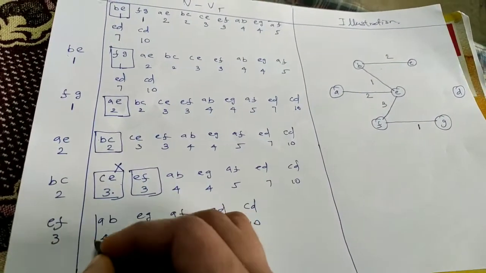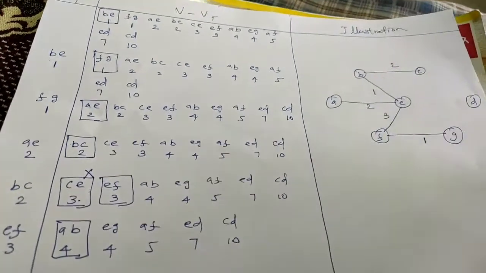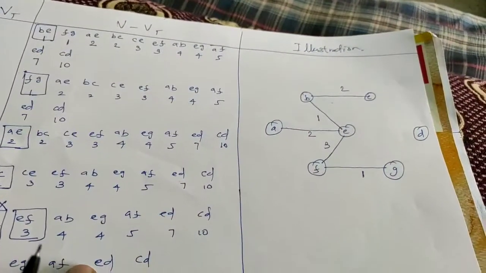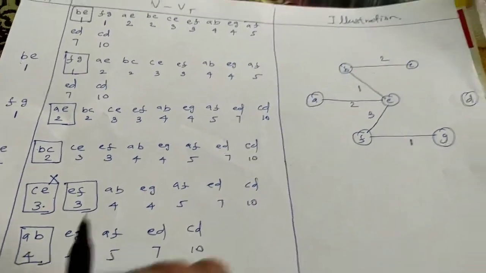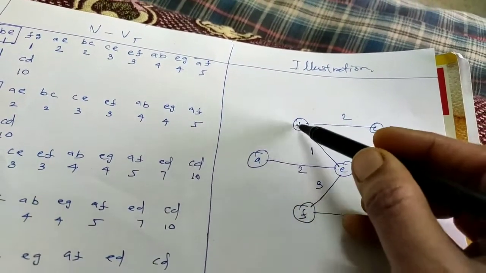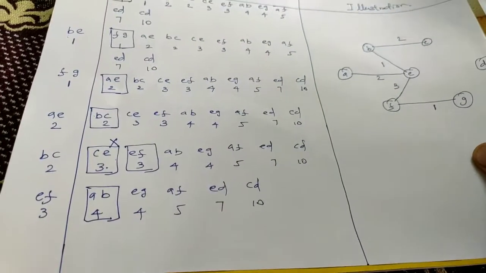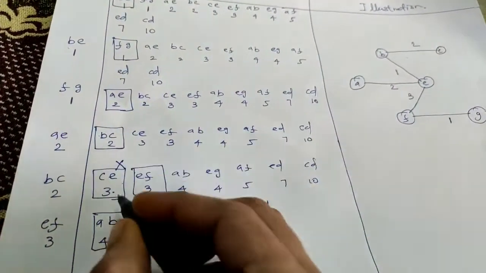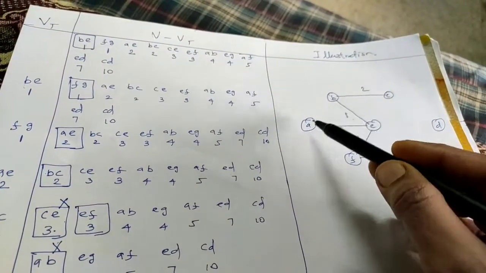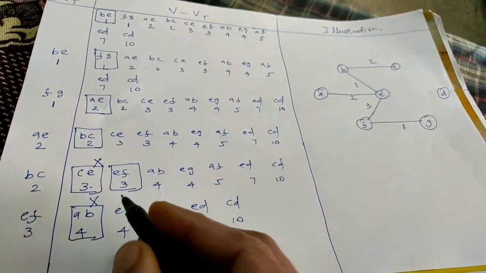Now process the next edge AB. Now go to your empty graph. What is the edge to be processed? AB. If I include AB, it will form a cycle. So don't include that edge in the spanning tree because it will form a cycle between the vertices A, B, E. So I am just discarding this.